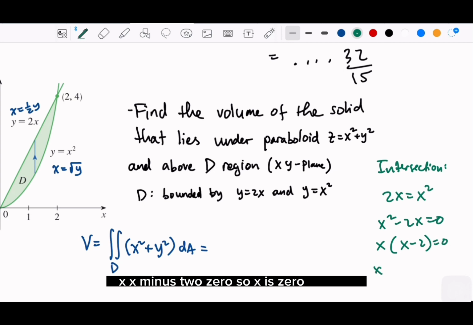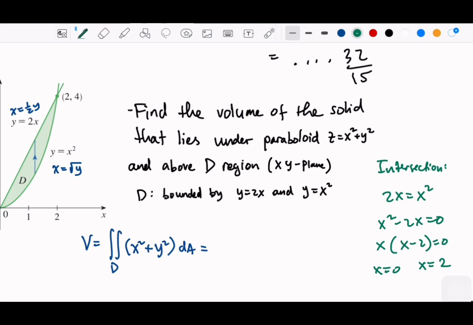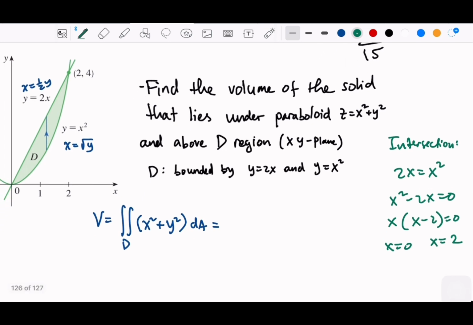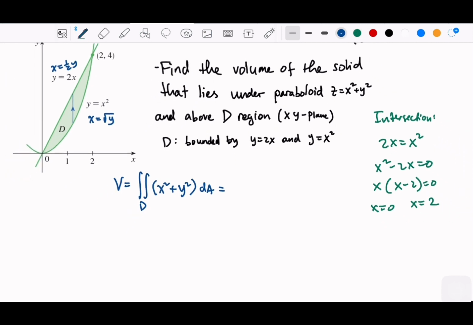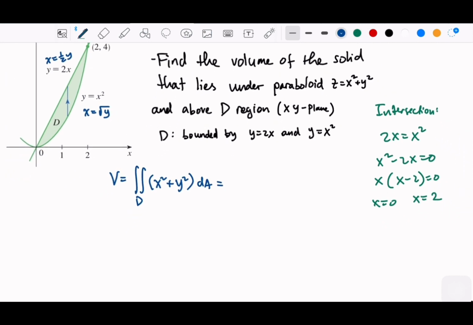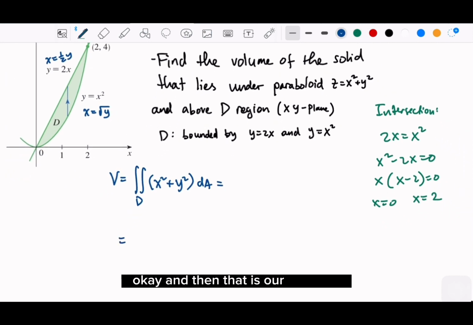So x is 0, x is 2. Remember, do not ever cancel this x. Really basic one. Okay, and then that is our constant.